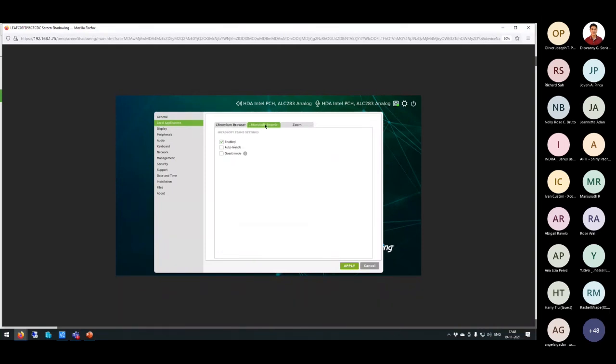Like, if you want to enable only the Chromium browser or Teams, you can just choose over here. And then there's an option where you can run as a guest mode. If you want to run these locally available applications inside your AVD session as a guest mode, then you can choose the guest mode option.